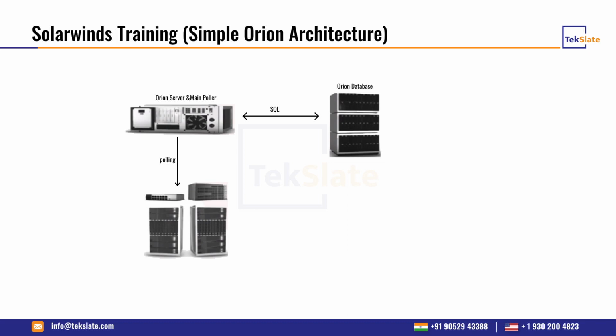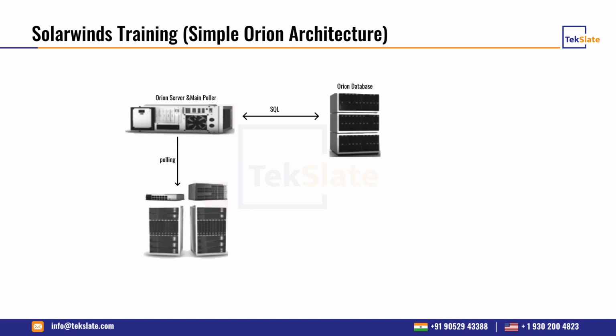That is fine. Say we want to monitor a thousand or 10,000 servers. If our environment is very huge, like more than 1,000 servers, or network elements numbering some 500 to 1,500, then we need to increase the capacity of the main polling engine, and there are a number of ways.